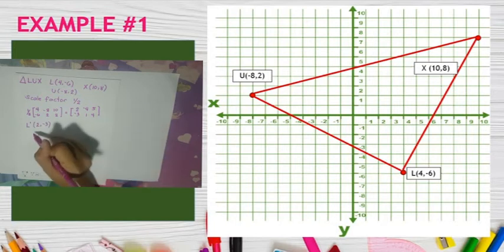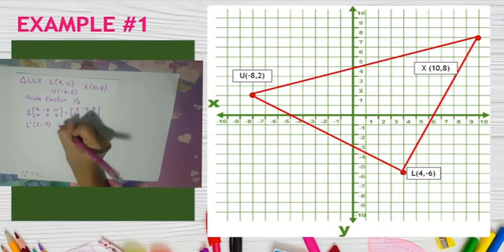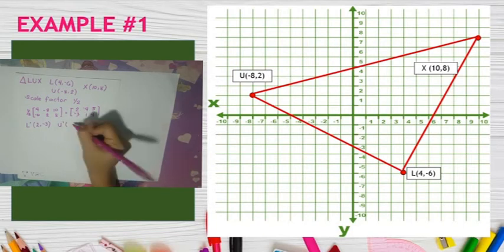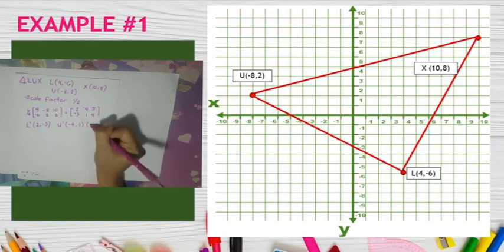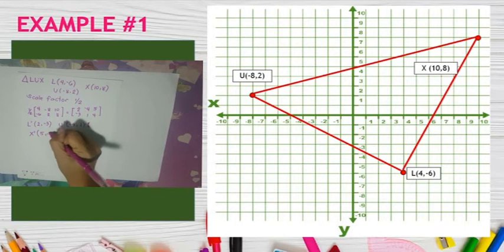So that's why we have here for L 2 and negative 3. Okay, so let's proceed. U prime, we have here negative 4 and 1. And for X prime, we have 5 and 4.